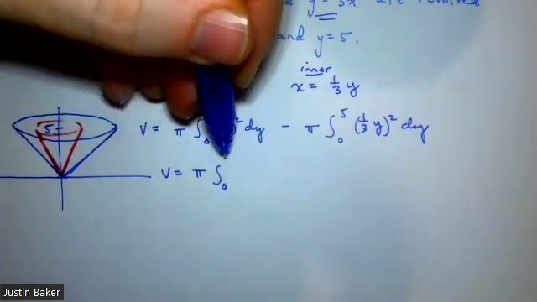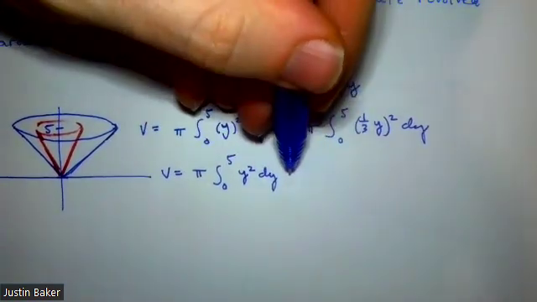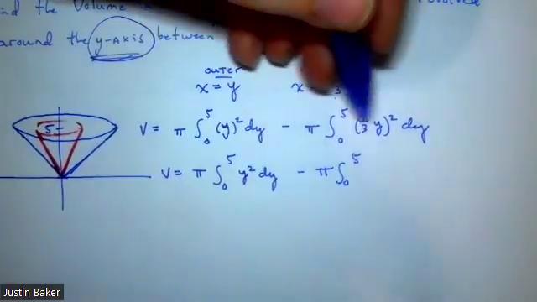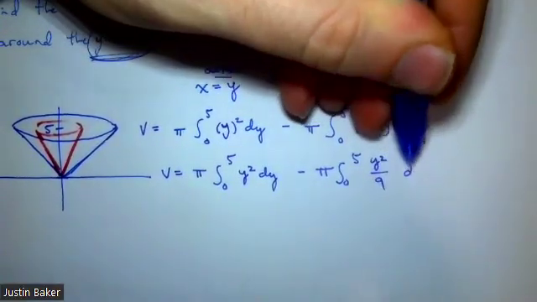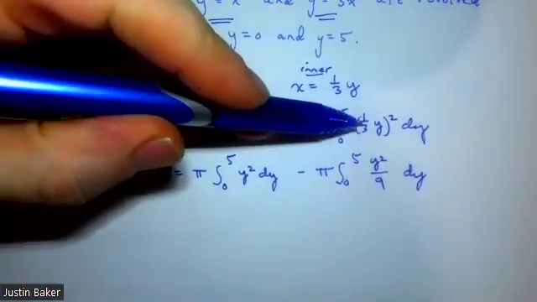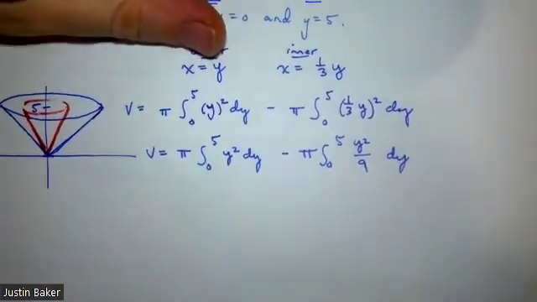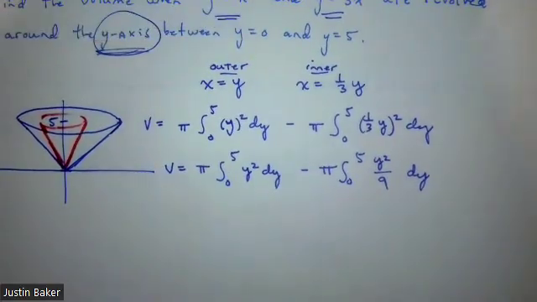If you chose to keep going, then we would just have to do a bunch of math. So 0 to 5, this would be y squared dy minus pi 0 to 5. We square this. Hopefully it makes sense to say we've got y squared over 9, or you could call it 1/9 y squared, however you want to write that. Okay, so if we integrate these, what are we going to come up with?